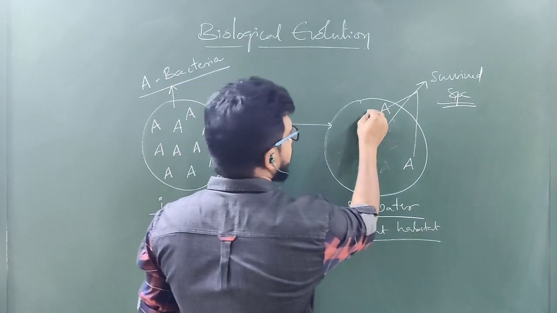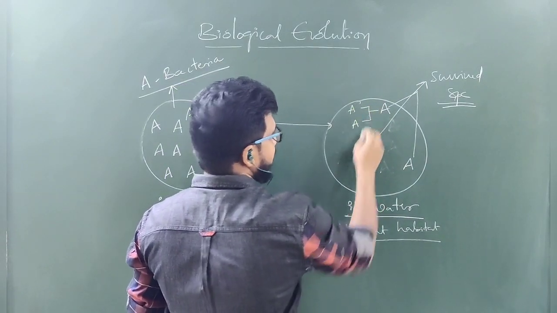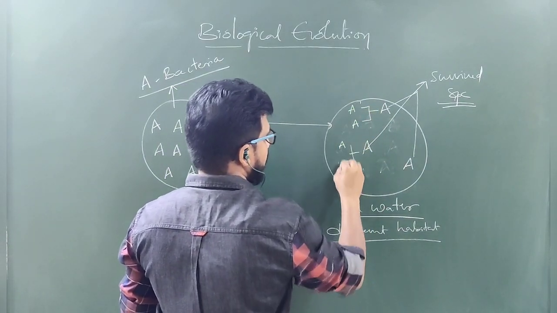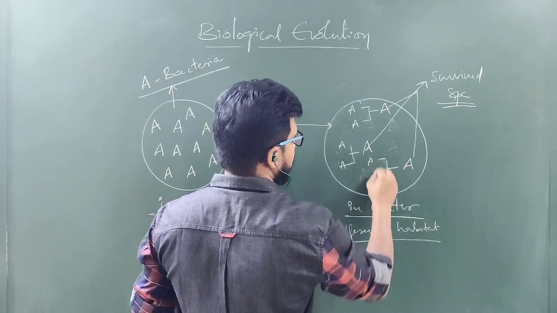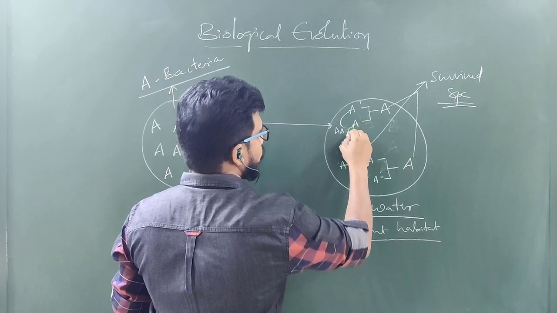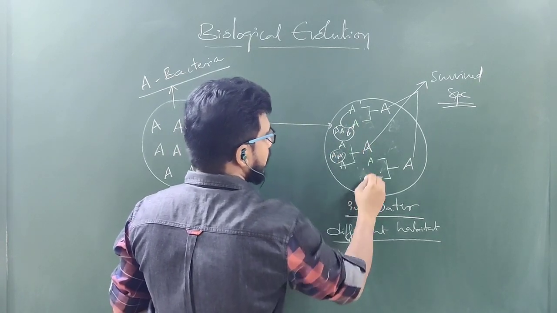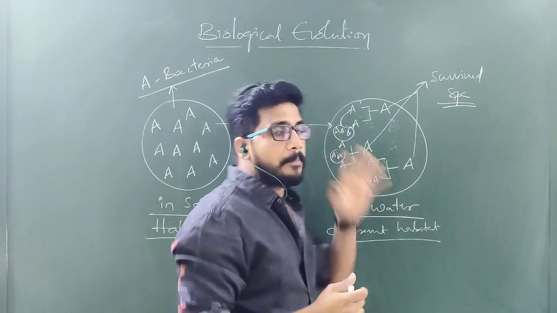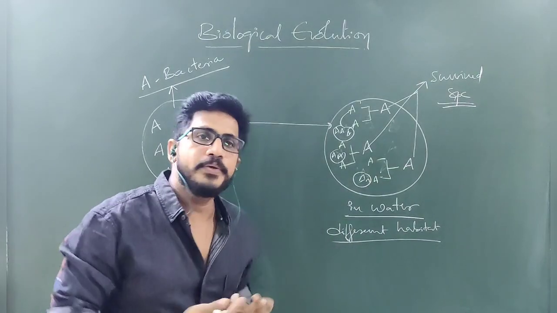So when they reproduce, from this A another A will come. From this A, another 2 will come. From this A, another 2 will come. Later from these, another group of organisms has come. Like that, the adapted ones become a new species.